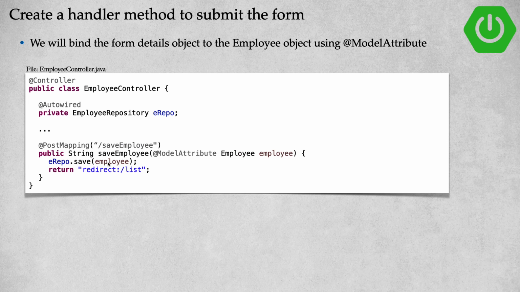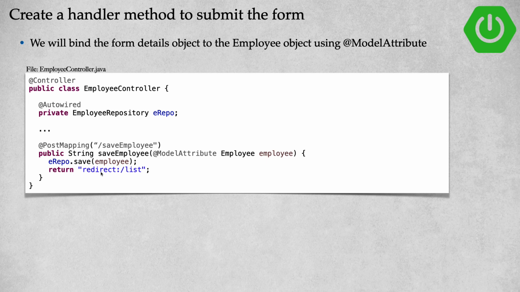We will pass the employee object, and finally we are going to redirect to the /list URI. We are not going to return the model and view object. Instead, we are going to redirect to the /list URI, which will display the list of employees. So once we save the employee object to the database, we will refresh the table.